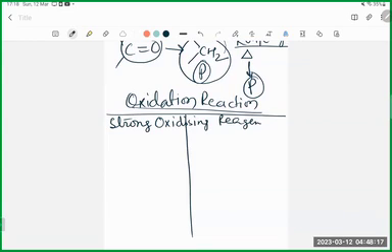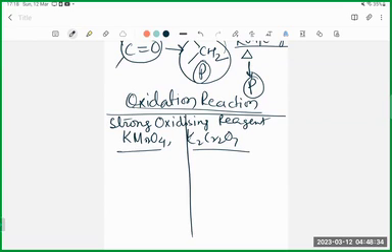What are the strong oxidizing reagents? KMnO4, okay, K2Cr2O7. These work in all media: acidic, basic, and neutral. They do react. Okay, so they provide nascent oxygen and they get oxidized.